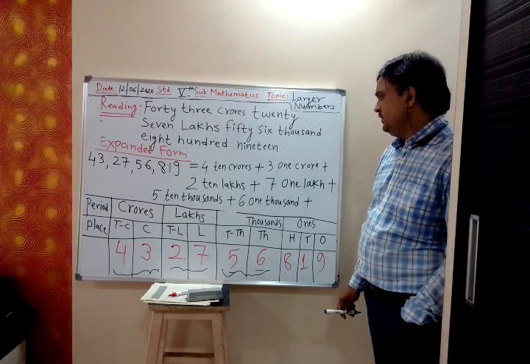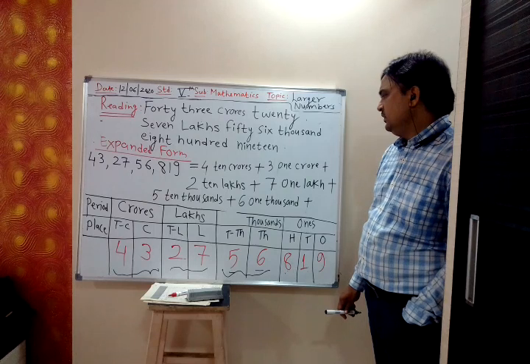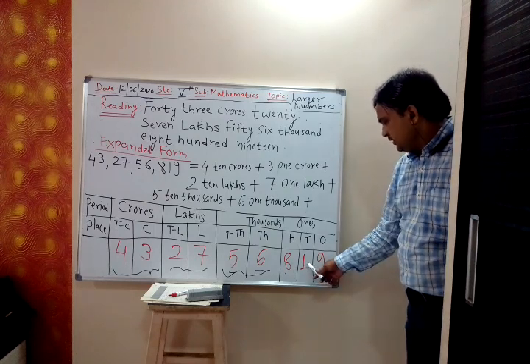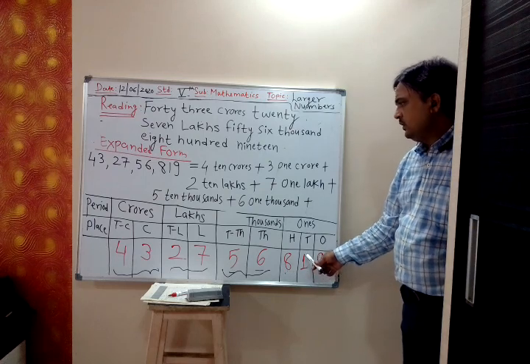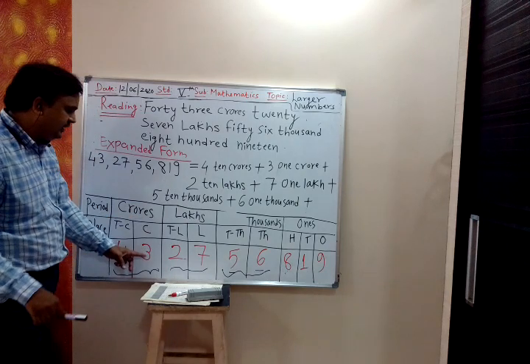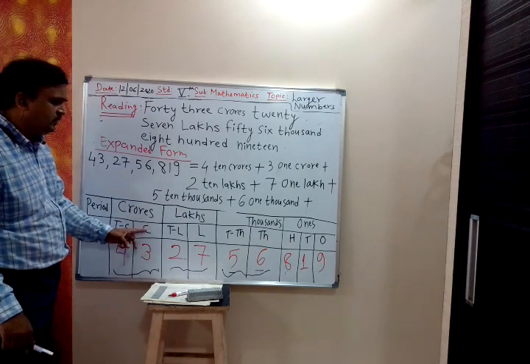See here, this is 3. Where is the position of 3? In crore.